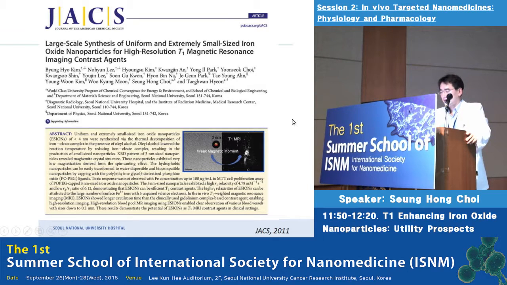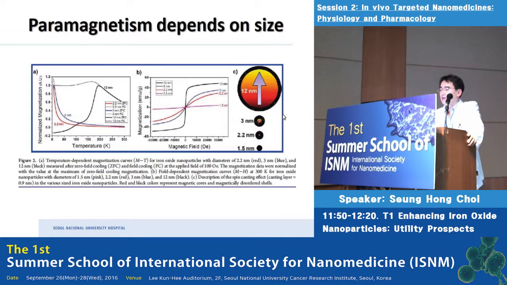In our group, we try to develop the optimal T1 agent based on the nanoparticle. You can see the magnetization of the nanoparticles according to magnetic field. The size of nanoparticles makes the nanoparticles different in terms of magnetization according to magnetic field.